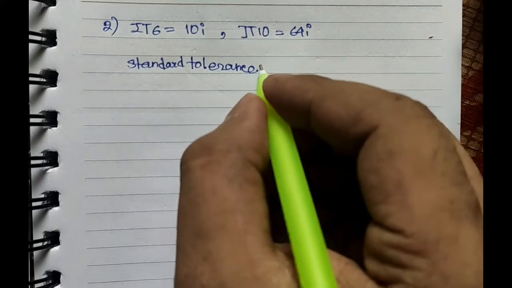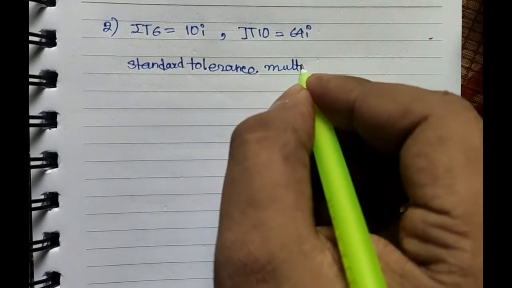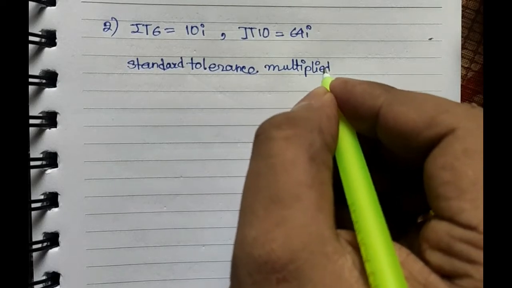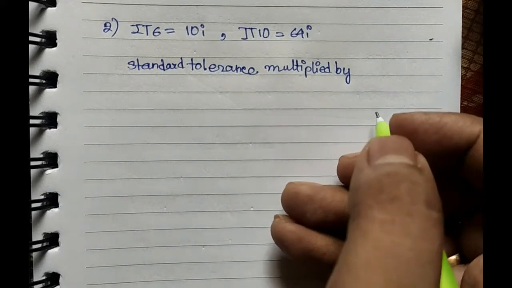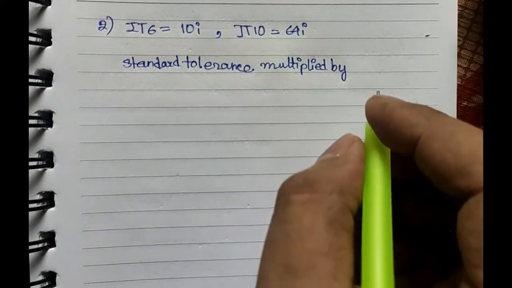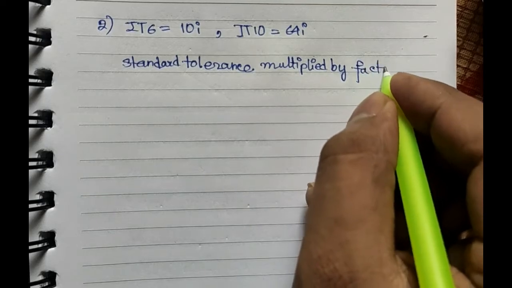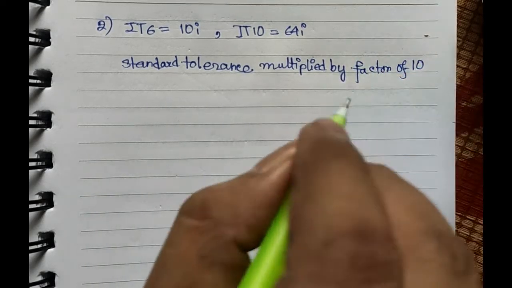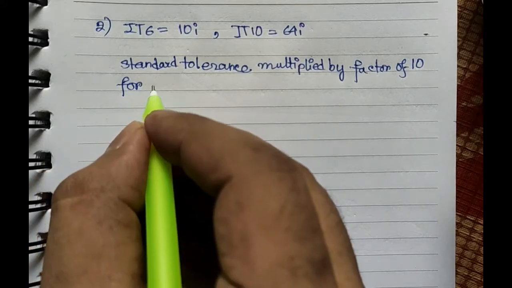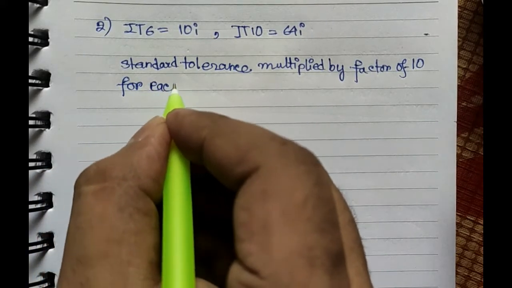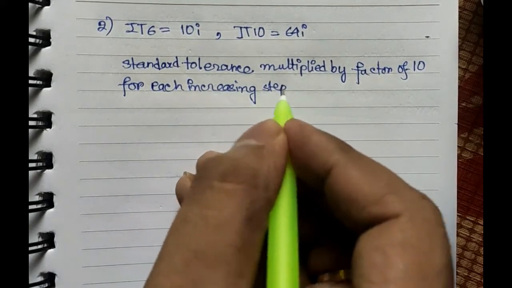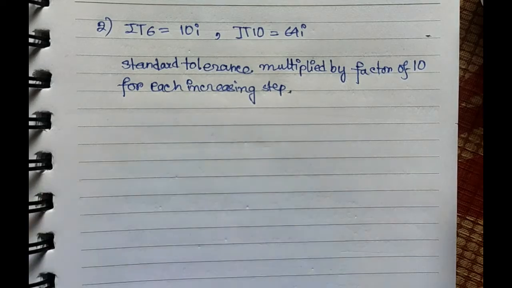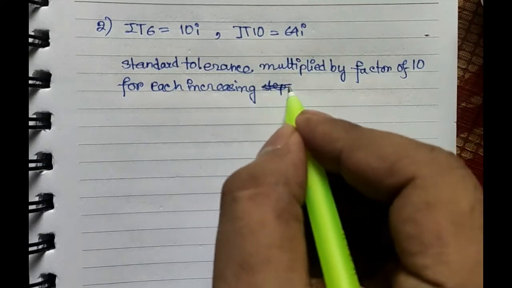is multiplied by a factor of 10 for each increasing fifth step.